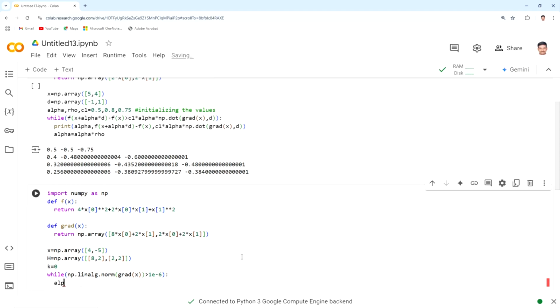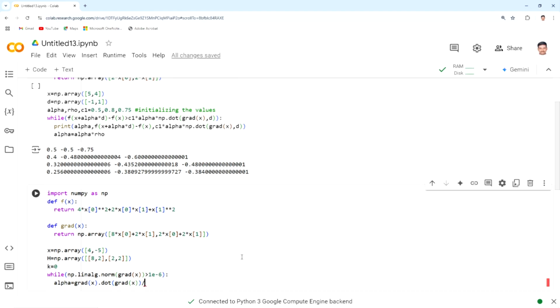So, here I can just write down alpha very clearly, which is grad of x dot h at grad of x.